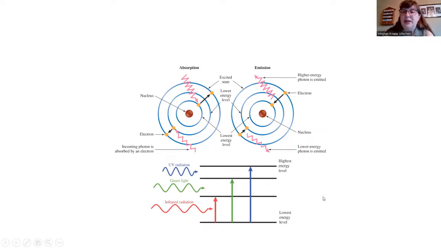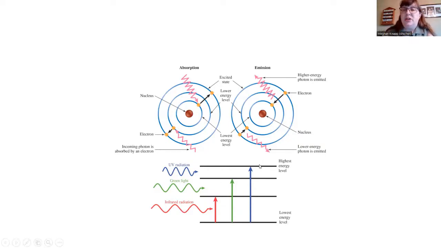Depending on how many energy levels the electron moves, so you can see on the left-hand side of each atom, the lower left of each atom, it is just moving one energy level, but on the upper right-hand, it is moving two energy levels. So two energy levels probably is more energy. And then how far apart those energy levels are is also going to determine that.